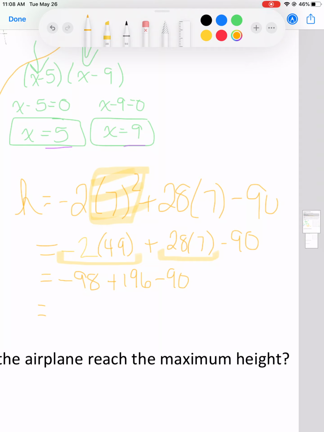So I'm going to plug that into the calculator. Negative 98 plus 196 minus 90 is 8. All that for 8. Okay, see how this is an h, not a y this time?